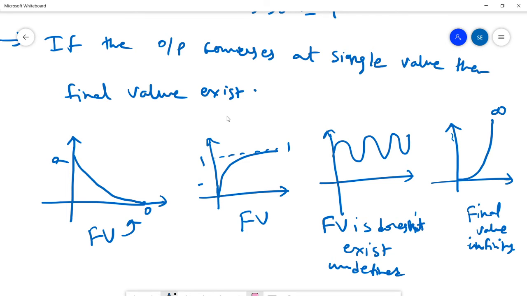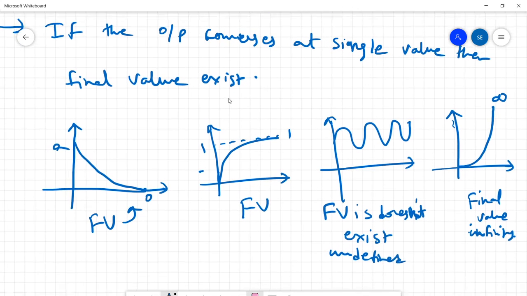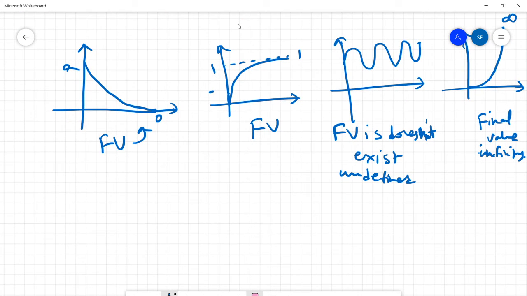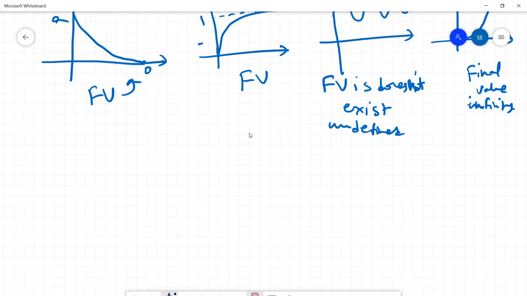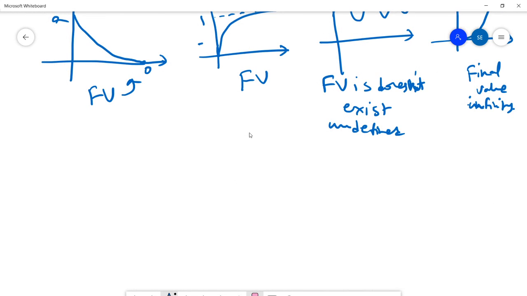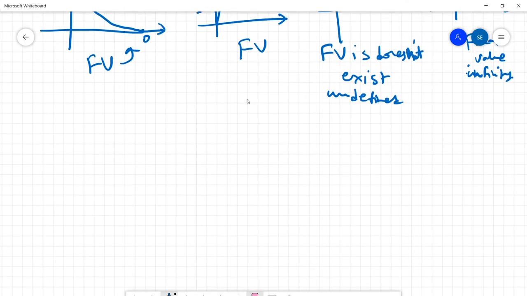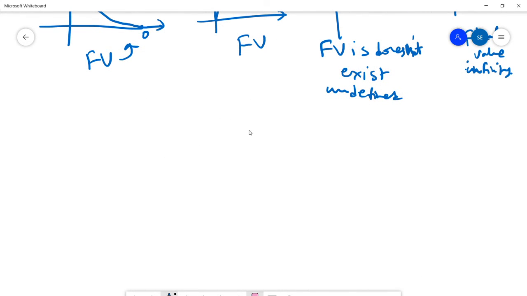To characterize the initial and final value, it is important for us to consider the S plane. We should know where the final value and initial value are applicable, for what kind of systems. So for that, we need to know the S plane initially. Consider an S plane.